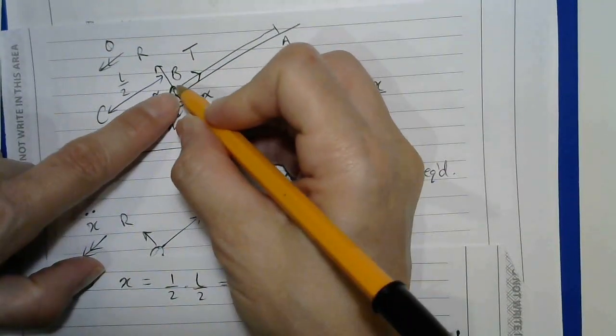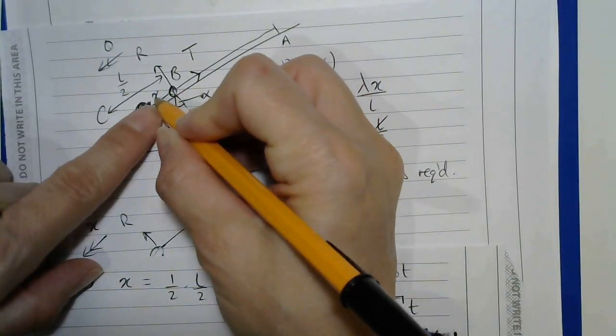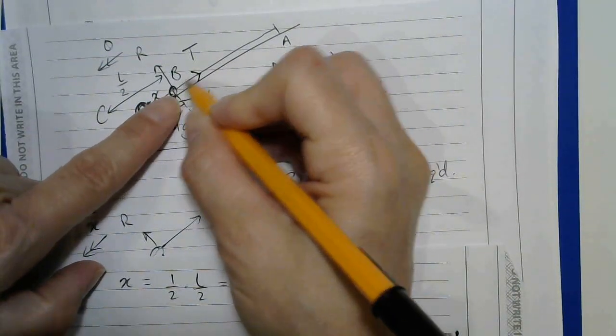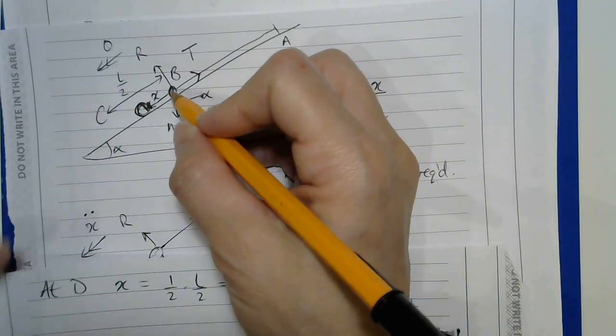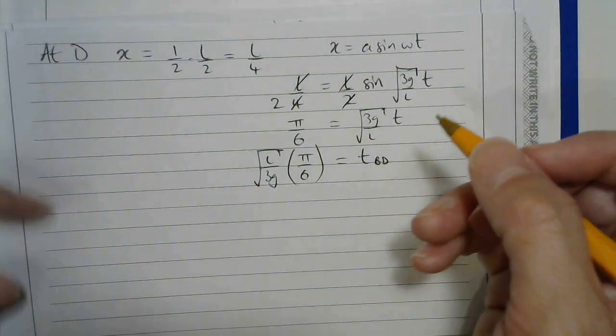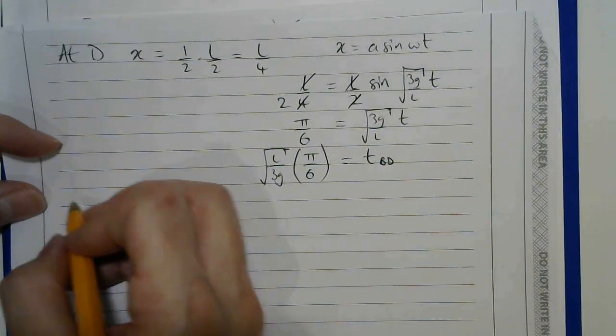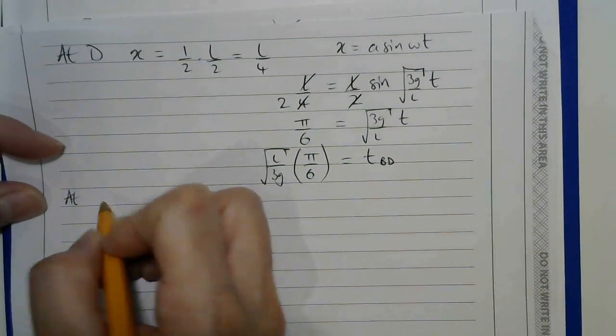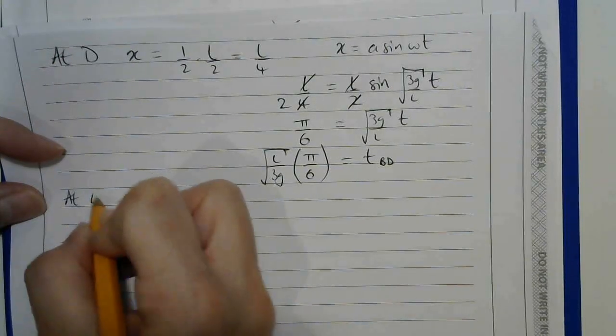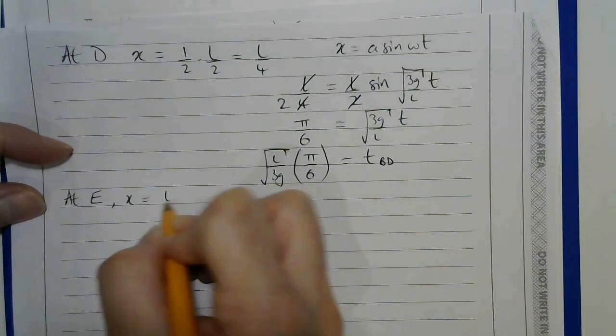But the amount of time to go from there to there or there to there is the same, L over 5 up or L over 5 down. So in order to end up with positive values everywhere, I'm going to use x is L over 5 in this case. So at E, x is L over 5.